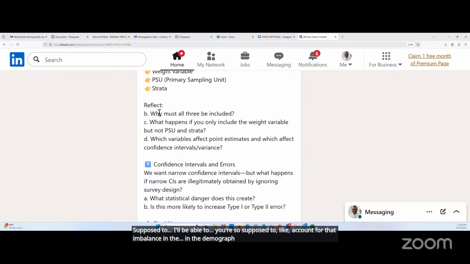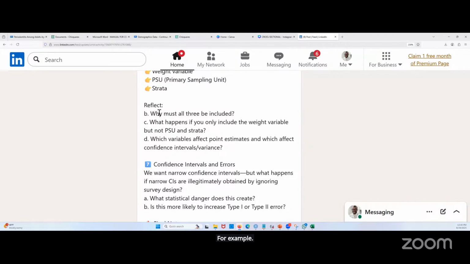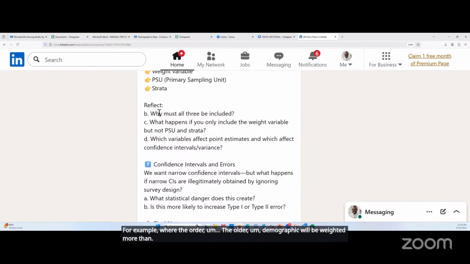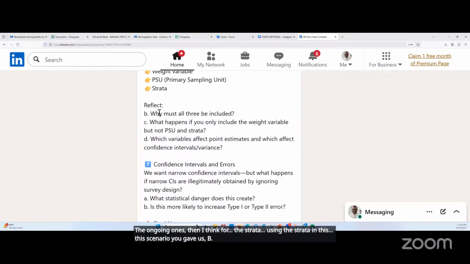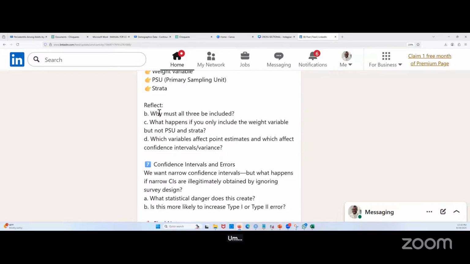So that will be where you use your weights, for example, where the older demographic will be weighted more than the younger ones. Then for the strata, using strata in this scenario you gave us would be, okay, I'm trying to think of how you use strata in this scenario you gave us.